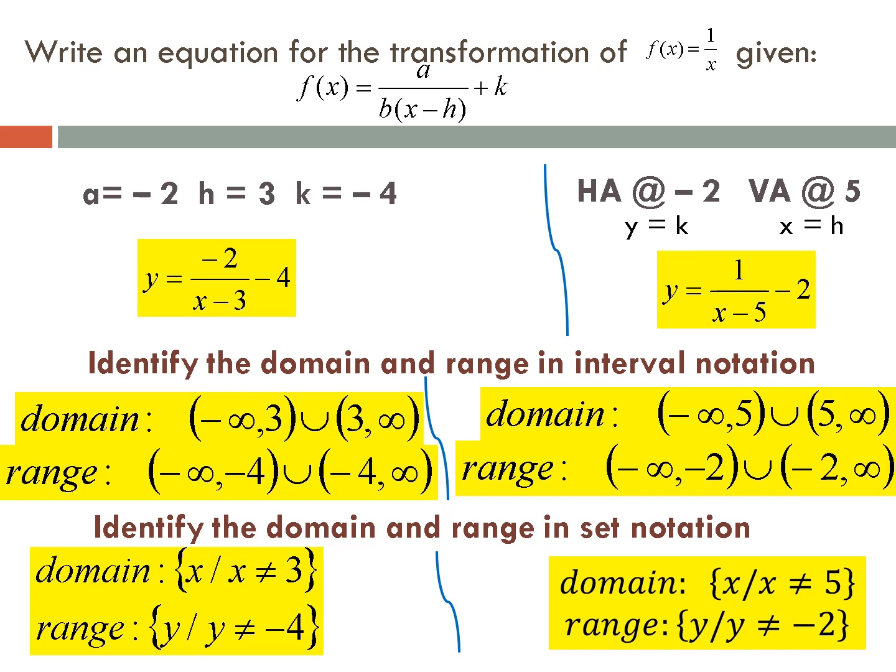For range, it would be the set of all y's such that y doesn't equal negative 4, because that's where the asymptote is. Same for the second example. Our graph cannot exist at 5, so we would say the set of all x's such that x doesn't equal 5. Same for the range, the set of all y's such that y doesn't equal k, which in this case is negative 2.